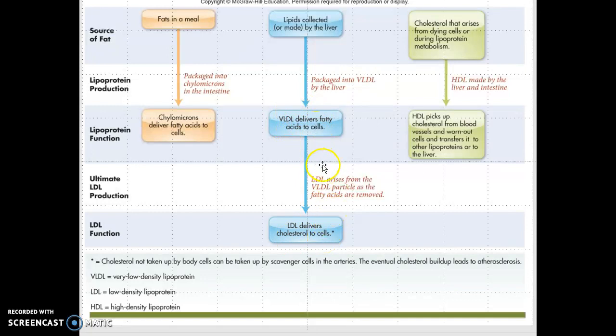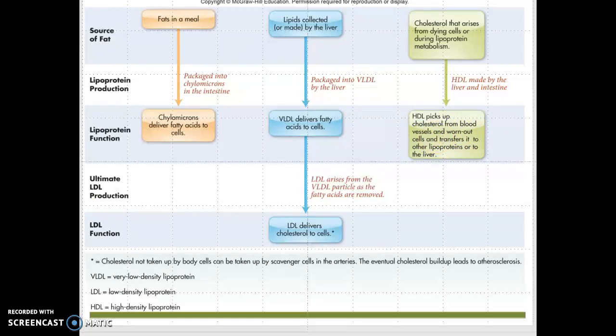On the other hand, what are you going to do when there's too much cholesterol, too much fatty acids maybe in a cell? So we have to have a way of clearing them out. So the HDL, the high density, the reason it's high density is it's picking up some extra proteins and cholesterol, taking it back. It's made by the liver and the intestine. So it is still made by the intestine, but at much lower levels of cholesterol.